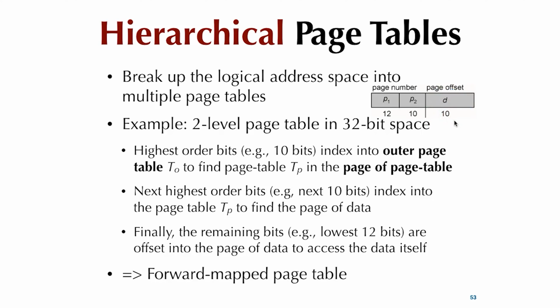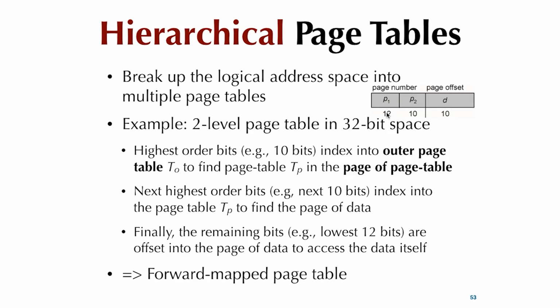And then the page offset, well, that's also within each page, right? So the highest order bits would be used to address. Okay, well, it depends on how you do it.